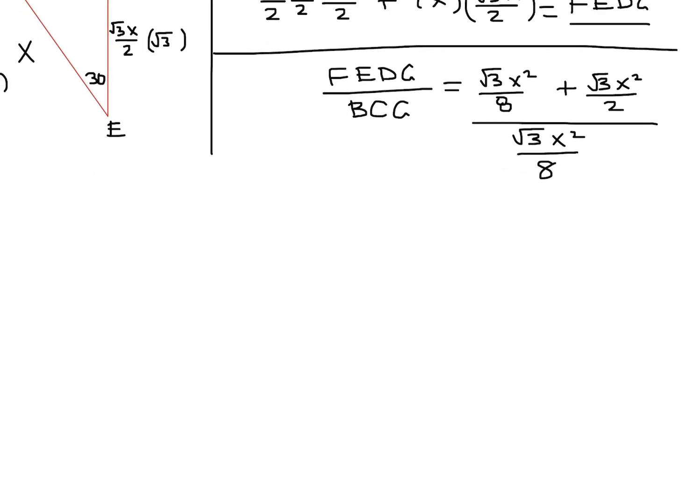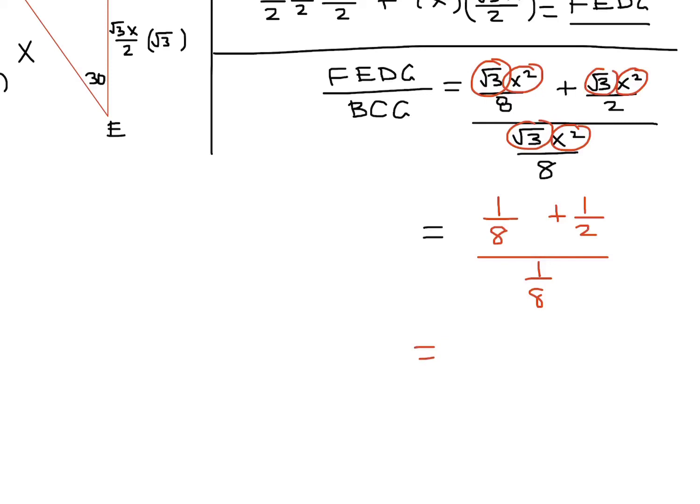Okay, the good news is that the x squareds all cancel out, these guys. The root 3's all cancel out, those guys. And that leaves us with just 1/8 plus 1/2 over 1/8. So let's do this now. We got 1/8 plus 4 over 8 all over 1/8.